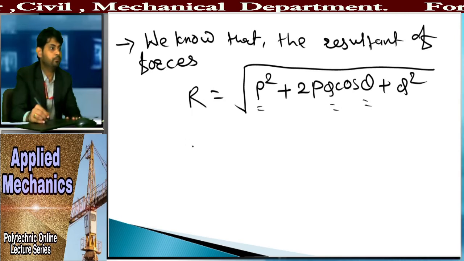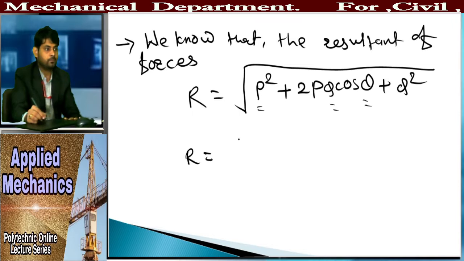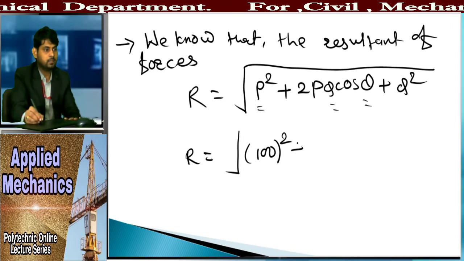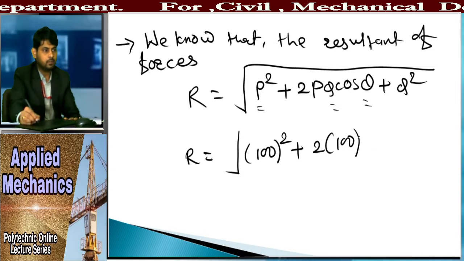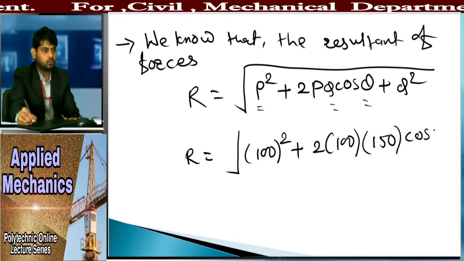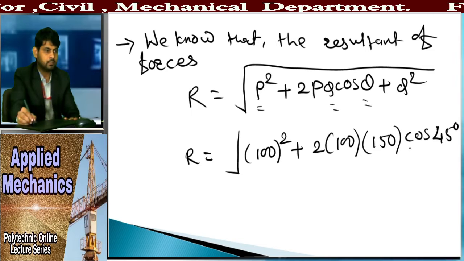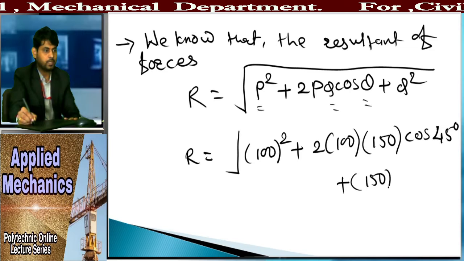So here R is equal to, put all the values in this equation. The value of P is 100, then 2 times P is 100 times the value of Q, which is 150, then cos of angle theta is 45 degree, then plus the value of Q, 150 square.